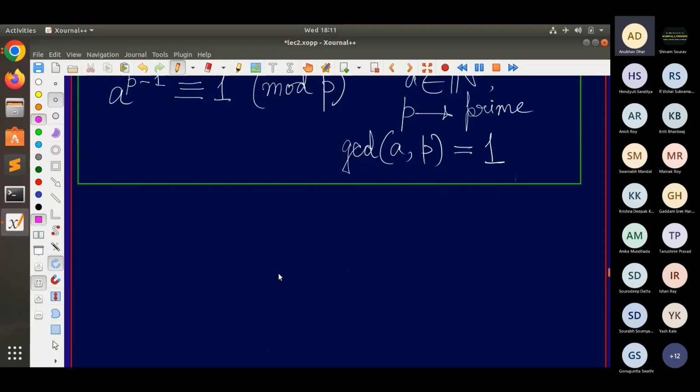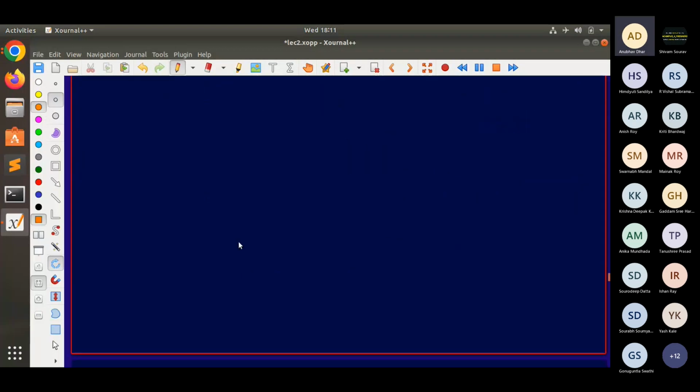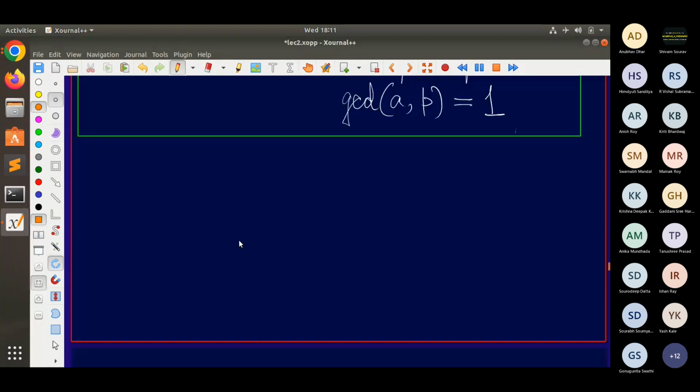Okay, I think I need more space. First of all, the question we are tackling right now pertains to modular division.